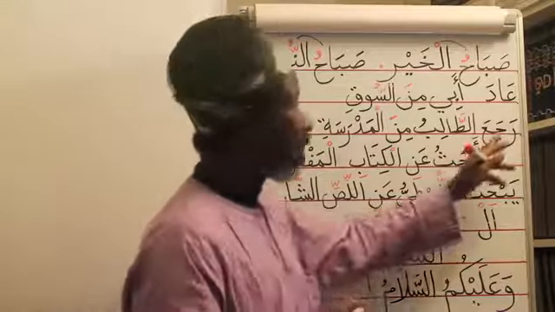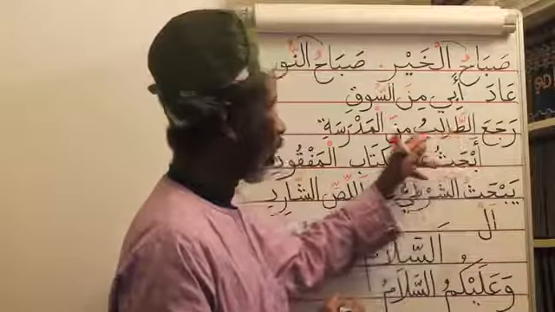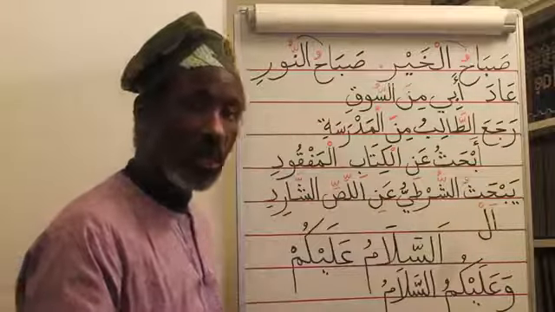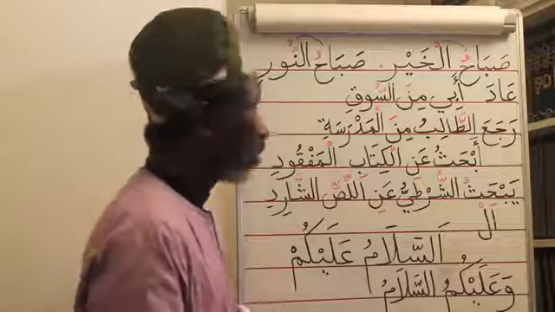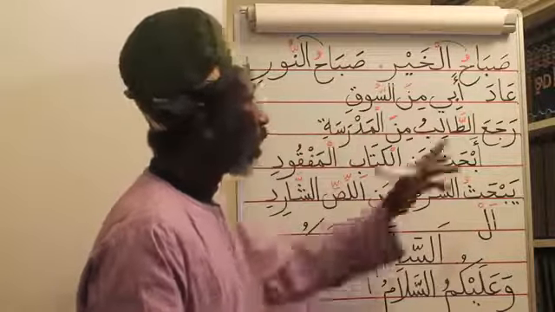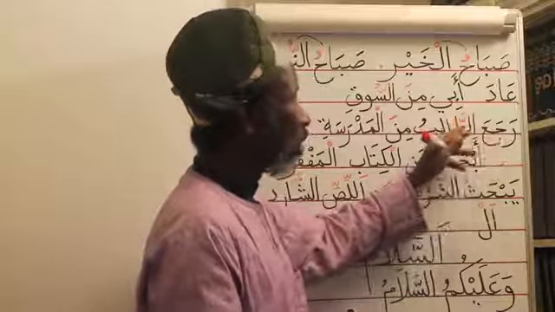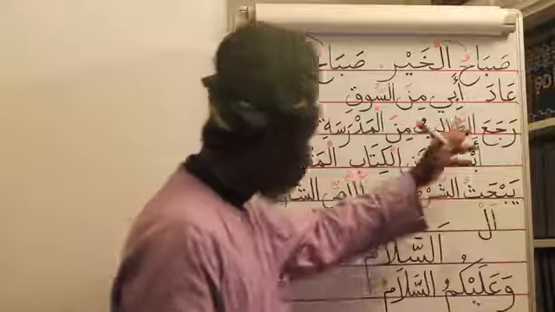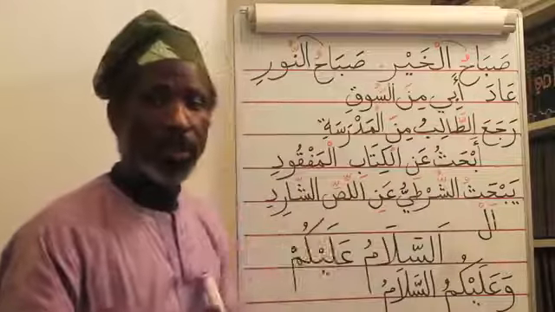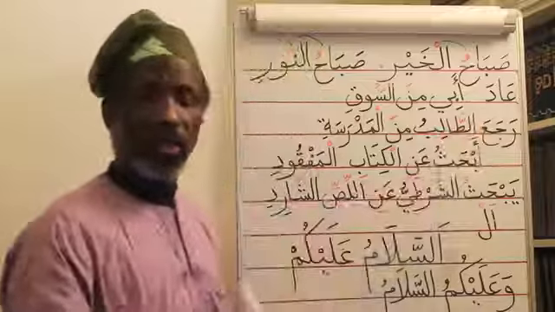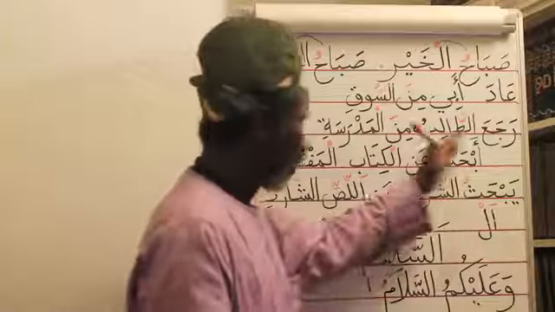Next sentence, رجع الطالب من المدرسة. الطالب, the student, returned from the school. رجع الطا. Ta is a sun letter, and that's why the lam has become quiet. Alif is silent because it's not at the beginning.